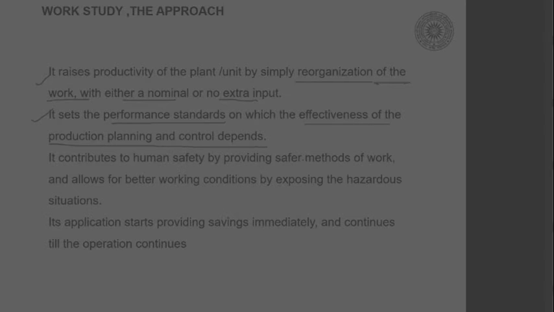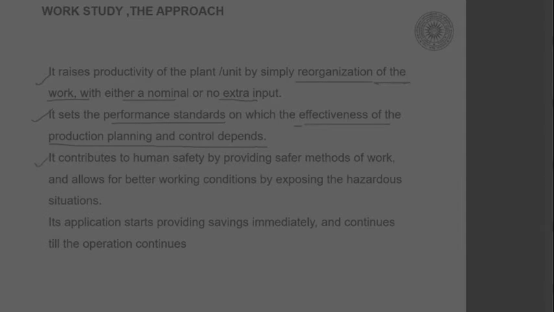At the end of the day, whether I am able to achieve that or there were certain problems, I will identify those problems and set the performance standard for the next time, and I will do the job with more effectiveness. That means my PPC activities, that is production planning and control activities, will be improved. So it is an approach.